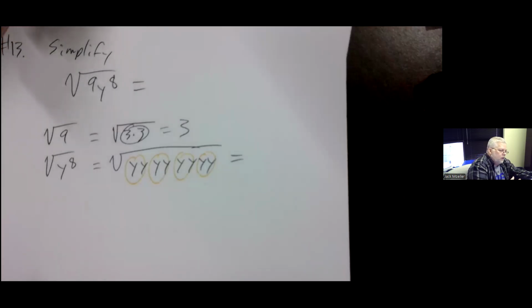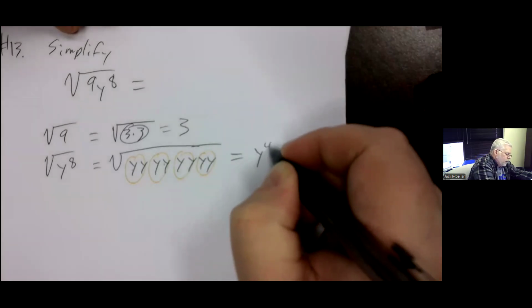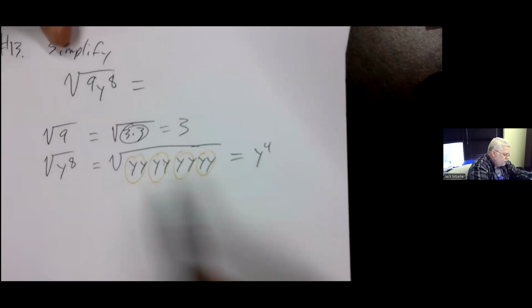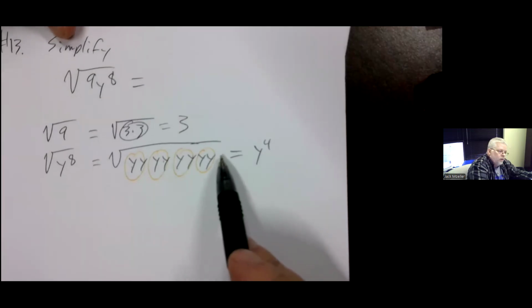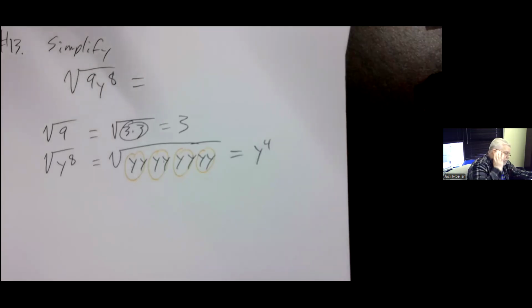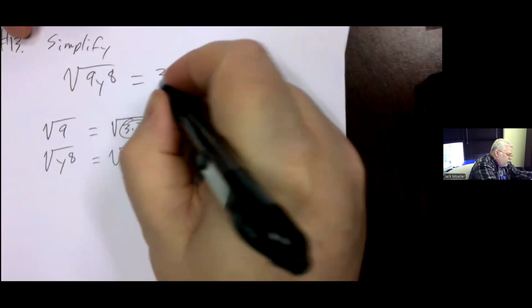Well, how many pairs of y's do we have? 1, 2, 3, 4. So there's y to the 4th on the outside. What's left inside the radical? Well, nothing, because we had no y's left over. So these are perfect squares. And so once you simplify each one of them, now we know our answer is 3y to the 4th.